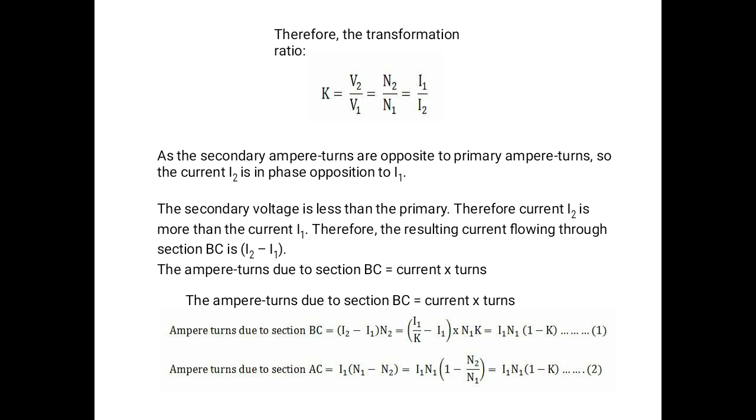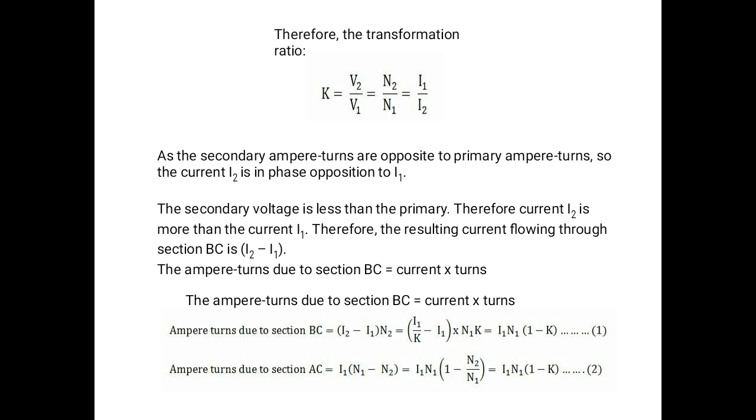Ampere turns due to section BC is equal to (I2 minus I1) times N2, that is equal to (I1/K minus I1) times N1K, which can be written as I1N1(1 minus K), equation number 1.